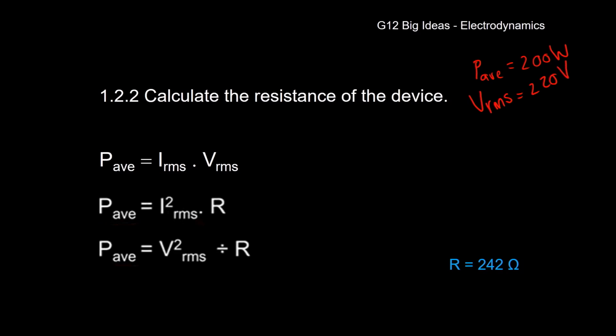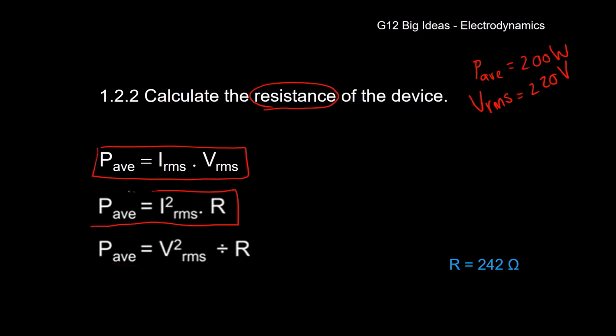We have a number of options. We've got to try and find the resistance of this appliance. We've got the average power is equal to the average current times the average potential difference. We've got this equation here, which is I squared times R, and this one here, which is V squared divided by R. Now, I would not want to choose this equation or this one.